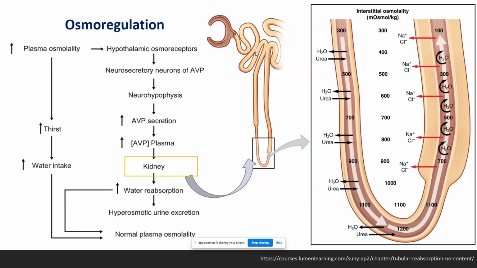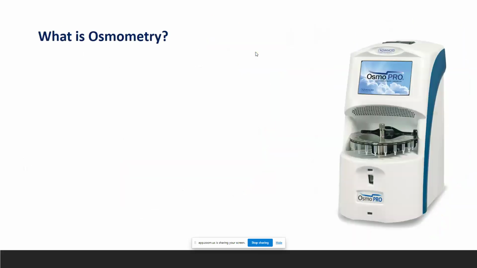Therefore, the final urine will be more concentrated. If less ADH is secreted, fewer aquaporin channels are inserted and less water is recovered, resulting in more dilute urine. In essence, by altering the number of aquaporin channels, the volume of water recovered or lost is altered, and this in turn regulates the blood osmolality, blood pressure, as well as the osmolality of the urine.